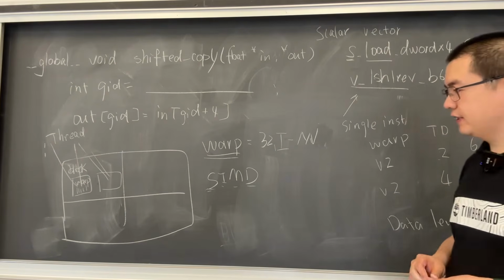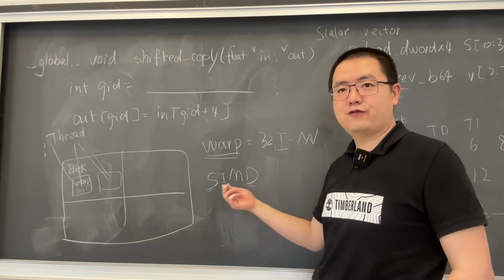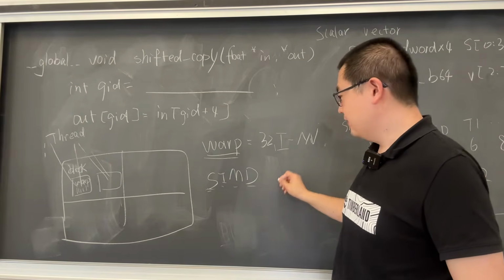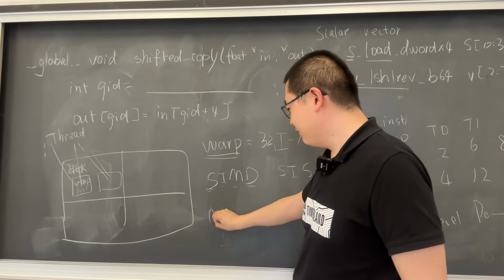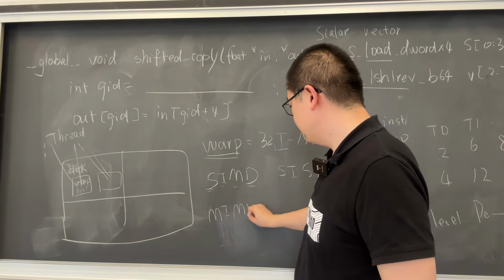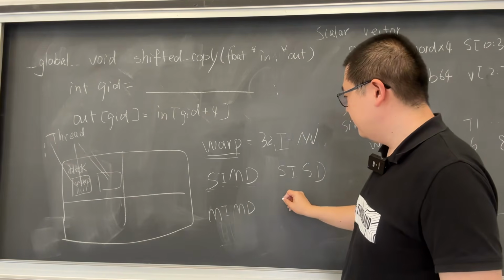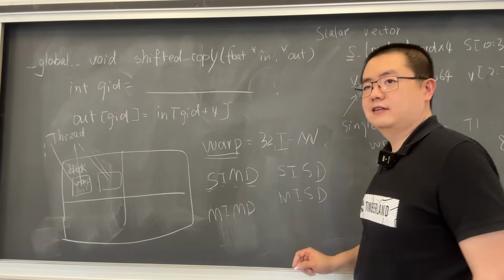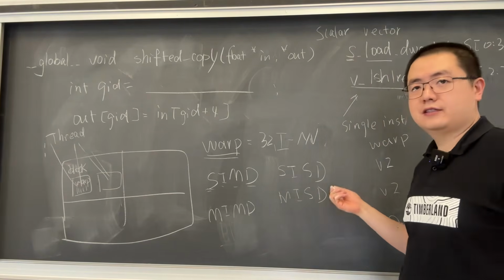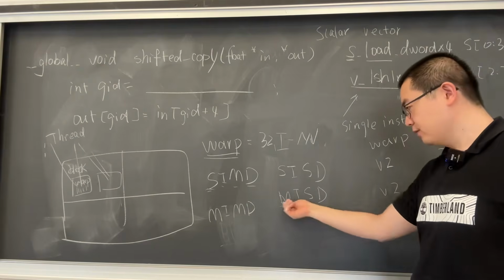Then other than SIMD, you can think of all 4 different combinations, right? So you have SISD, you have MIMD, then you have MISD. Okay, multiple instruction, single data. And this is possible.